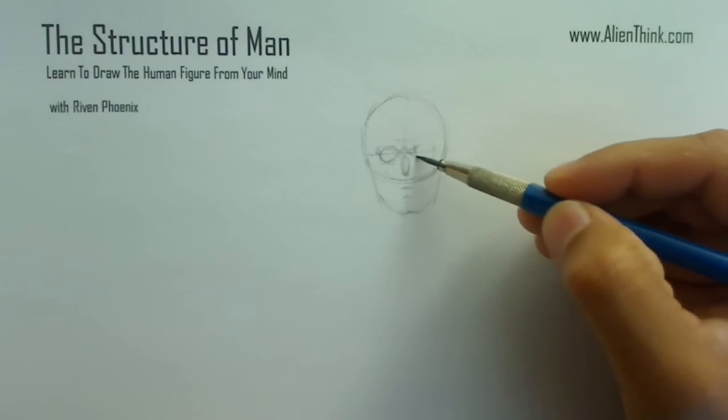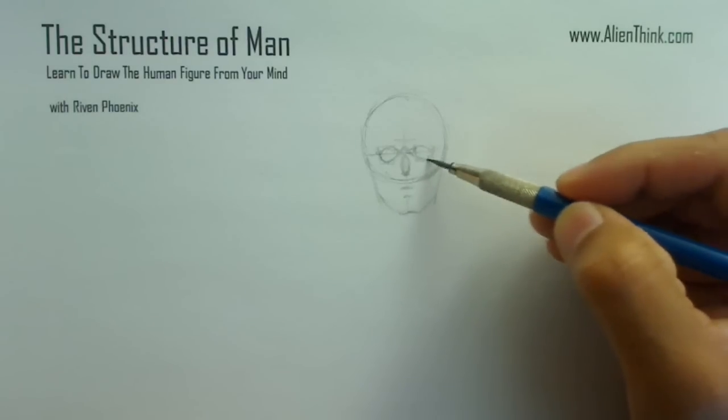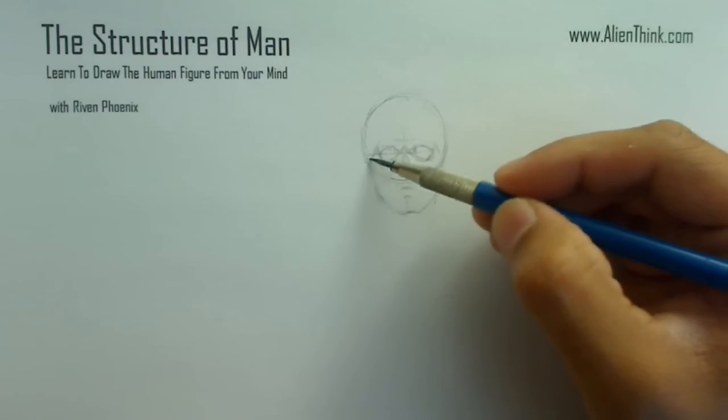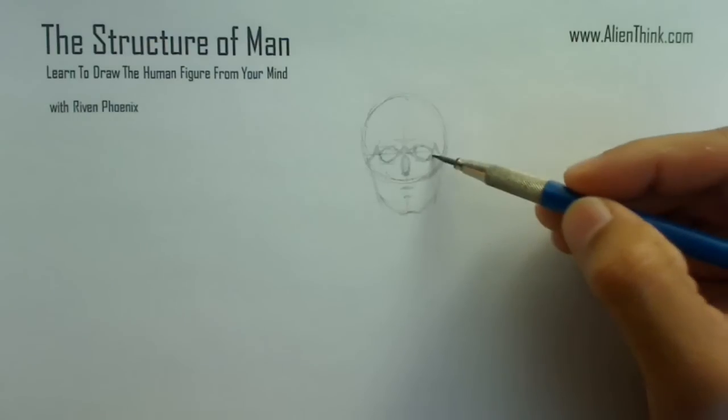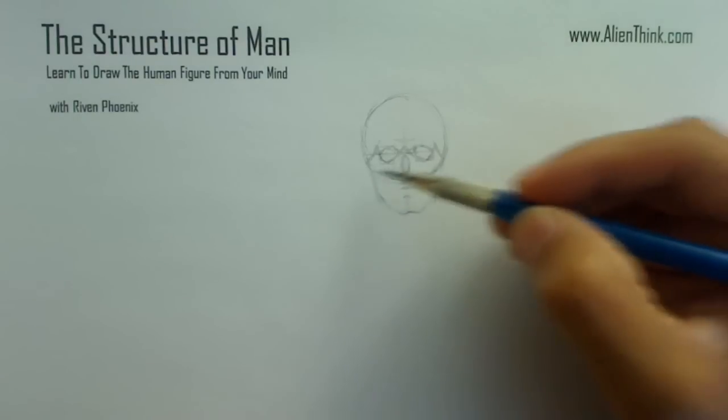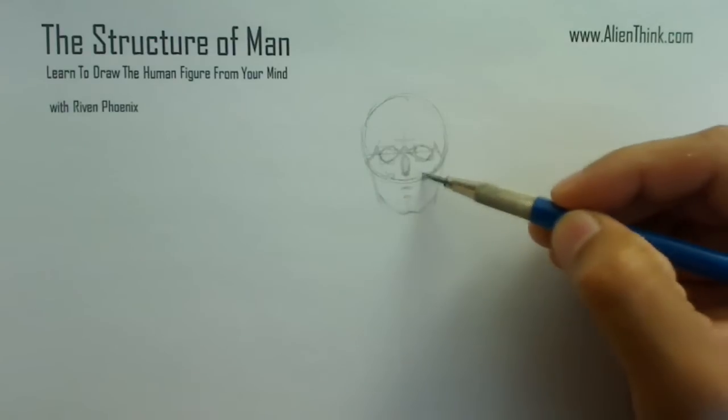Again, you can do all these different variations and try them out. This again is going to be a realistic skull. As soon as we draw the line just about here, we know we're going to get the cheekbone just like this, and basically we're done.